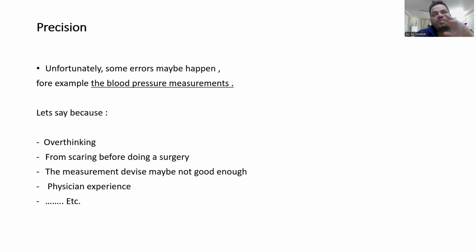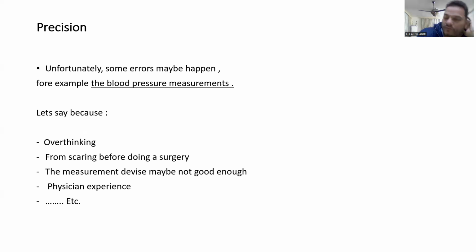In some situations, if this person is very shy, when a beautiful woman physician comes to measure his temperature, some different situation may happen, because his heart rate may accelerate more. That means we will have a wrong measurement number.